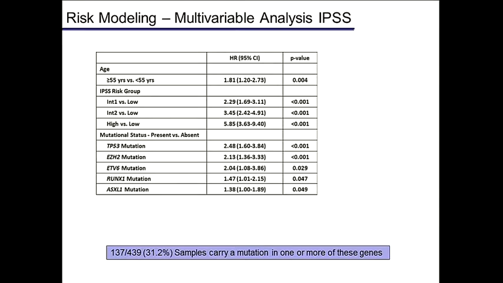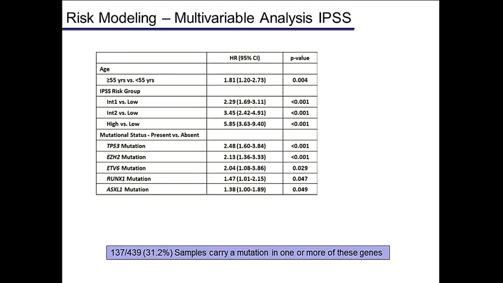When we looked at that, we found in our 450 patients or so, age predicts survival, of course. The risk groups defined by the International Prognostic Scoring System predict survival in our data set very nicely. In fact, we've done this now with each of the other prognostic scoring systems that have been developed in MDS, the WHO, MD Anderson, a revised IPSS score. They all predict survival very nicely in our data set.